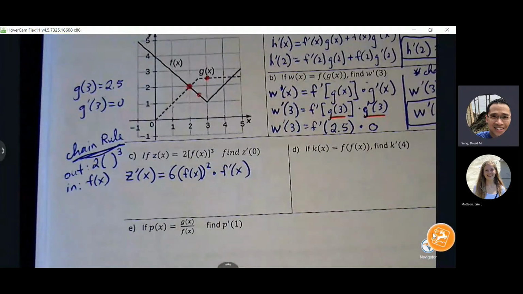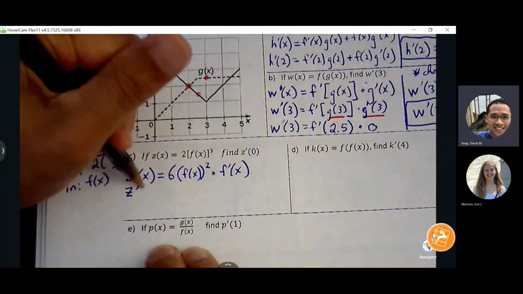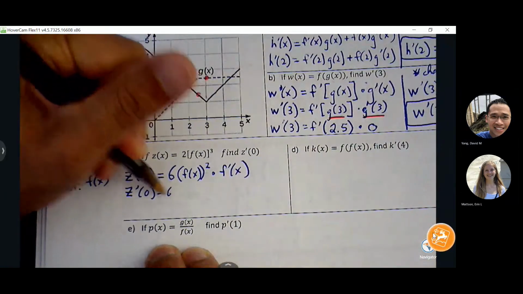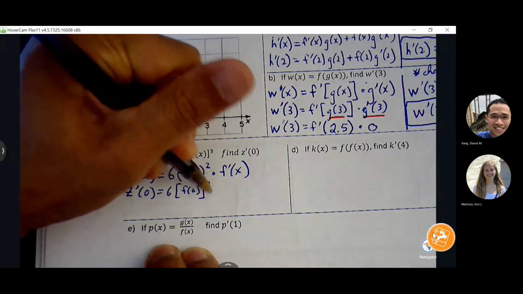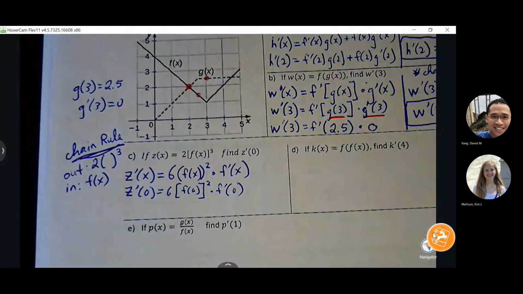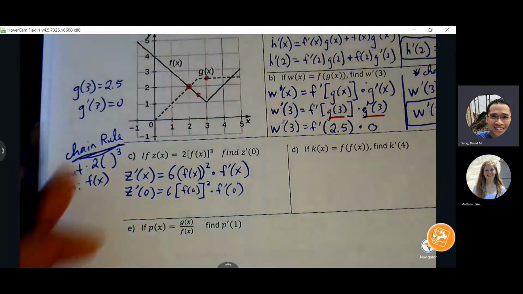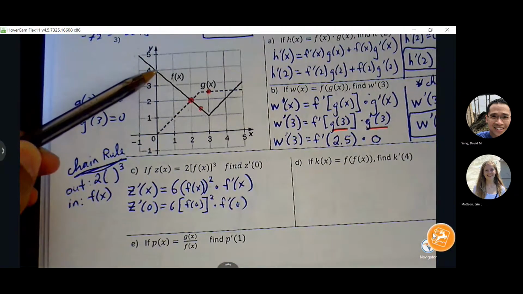Now that we have our derivative, we can do what? Plug in 0. Yep, replace 0 for all the x's. Okay, so let's go to 0 here. F of 0 is 4.